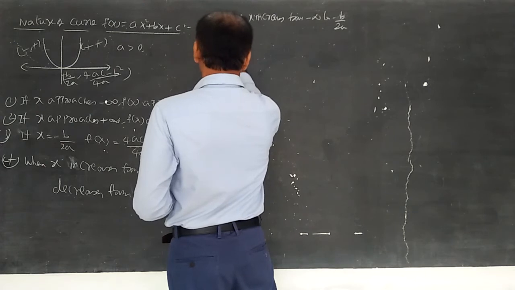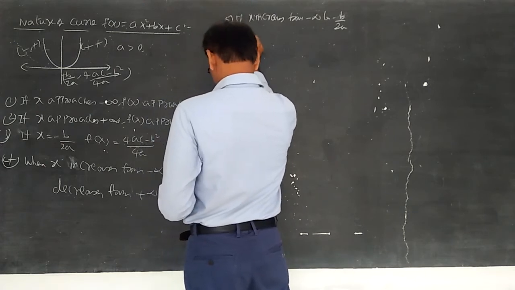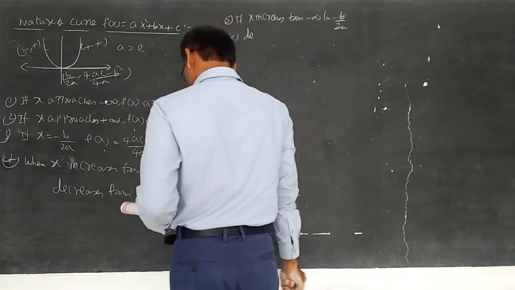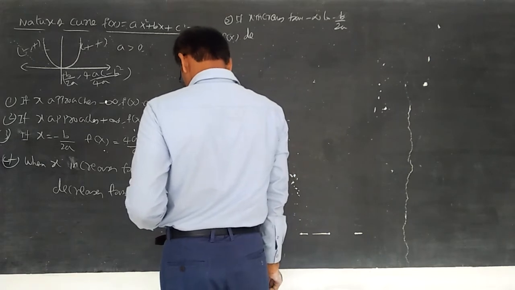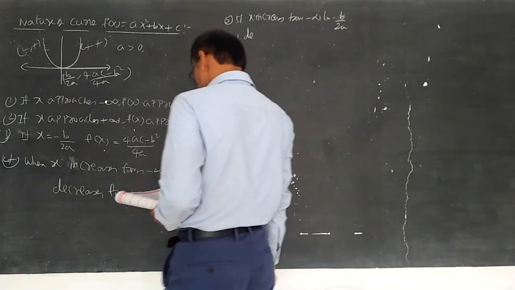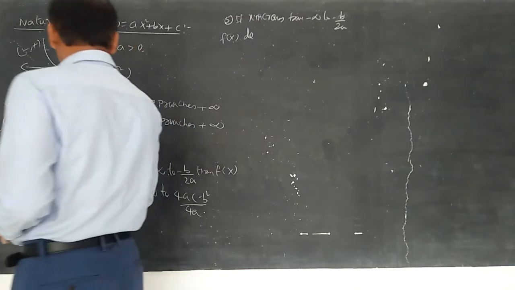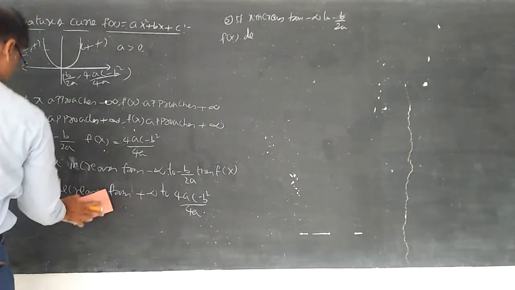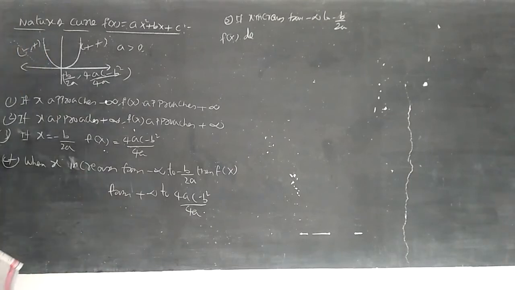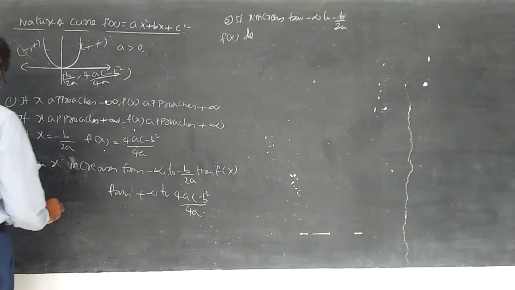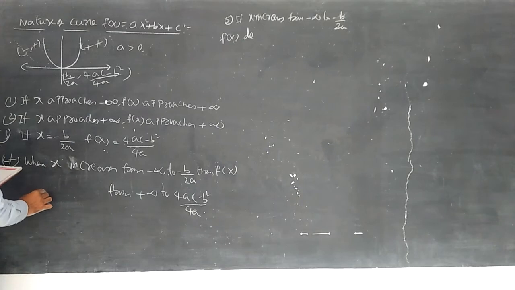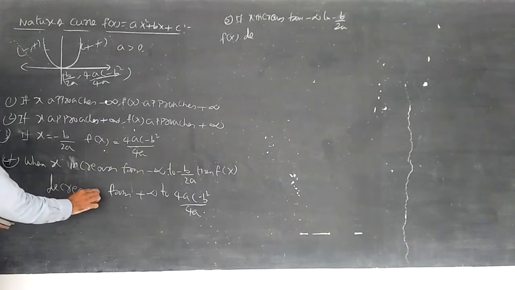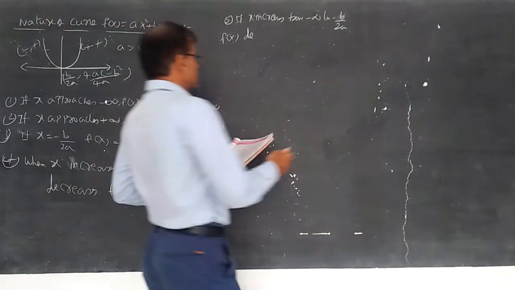Then f of x decreases. So this is minus 2 plus this. Then f of x decreases, is okay. It is increase only, correct. Now it is increase.